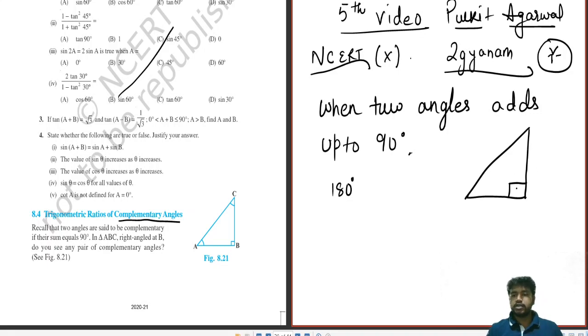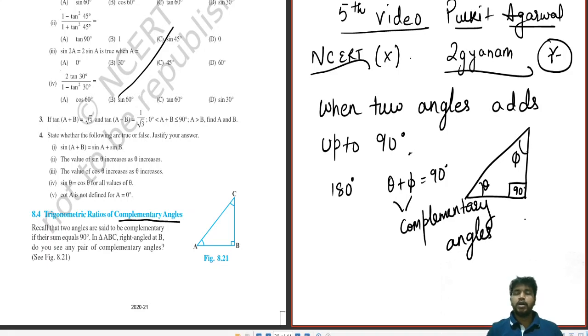So if this is 90 degrees, then these two will add up to 90, and we can write them as theta and phi. So theta plus phi is equal to 90 degrees. That means these two are complementary angles.